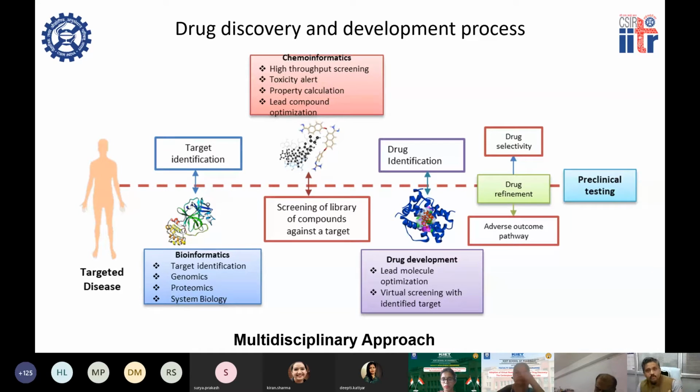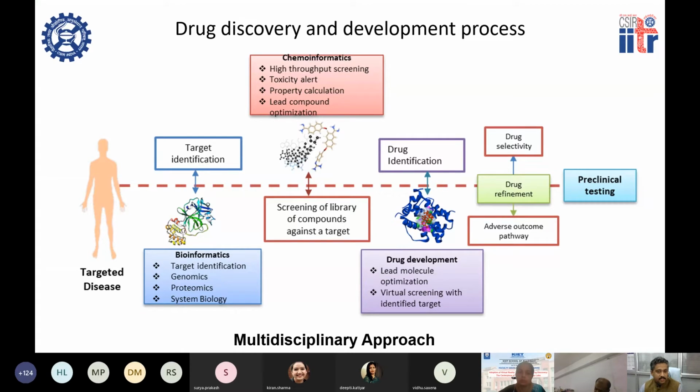Then followed by a chemical information approach, like how one can choose a lead molecule or analogs for the lead molecule if it has some disadvantage or you want to fine tune it. That will work with screening tools like virtual screening, molecular docking, AutoDock and so on, and one can screen a particular library of compounds against the target.